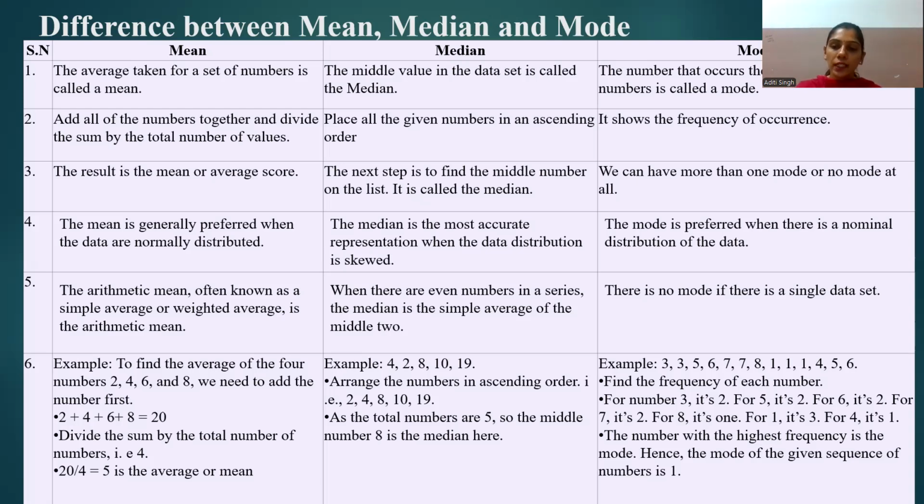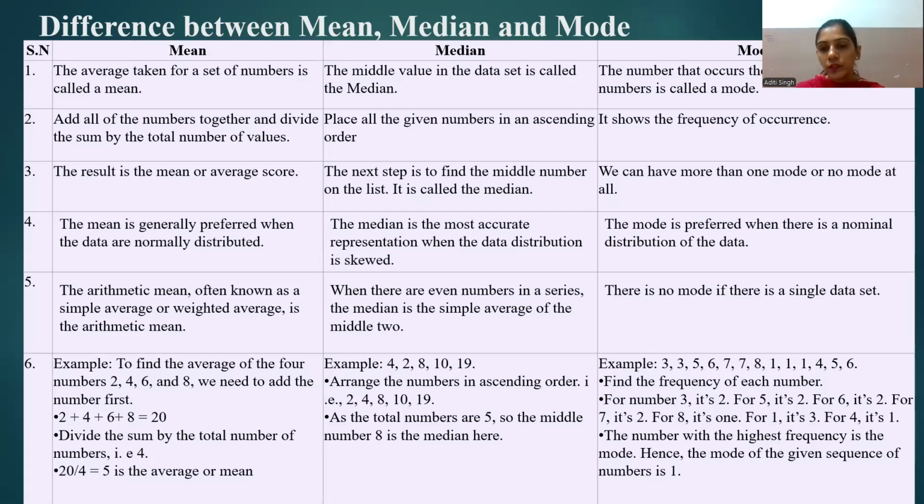When there are categories in data, that is known as nominally distributed data. Categories like gender, male, female, color, red, blue, green. So this type of categories and labels, when we give some values, some qualitative data, then that data will be a nominal distribution of the data.